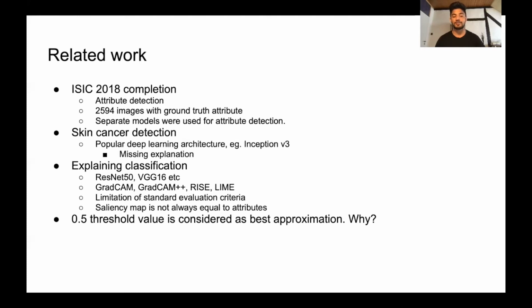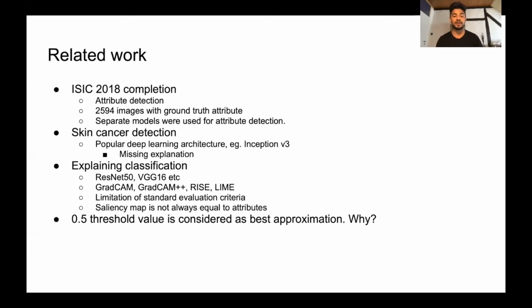It is an assumption that we use 0.5, but why is 0.5 a good value to convert a saliency map to a binary image? It's a topic of research from our point of view.